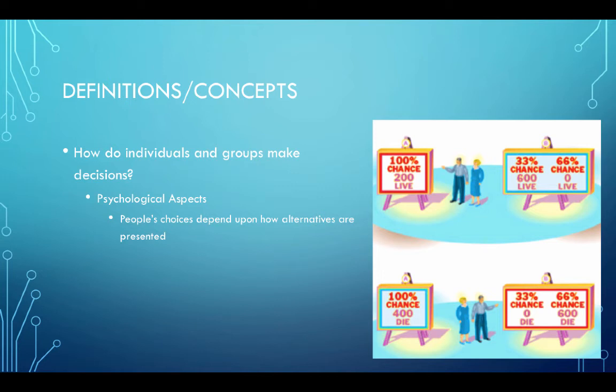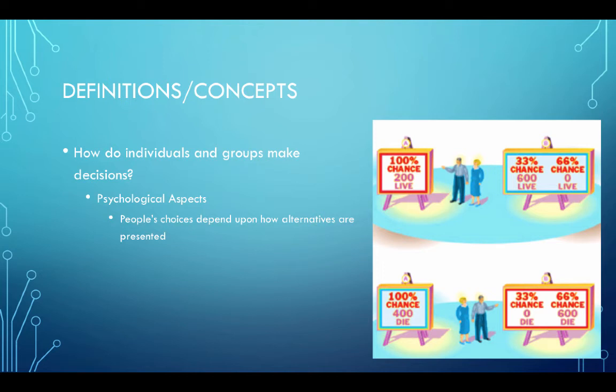Okay, let's go to the lower one. Again, 400 die in decision A, and the expected value of death in decision B is also 400. So those two have identical expected values. Point is, in a probabilistic sense, those are the same expected outcome.